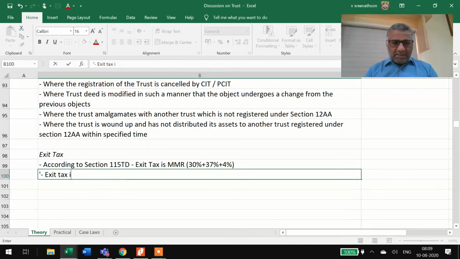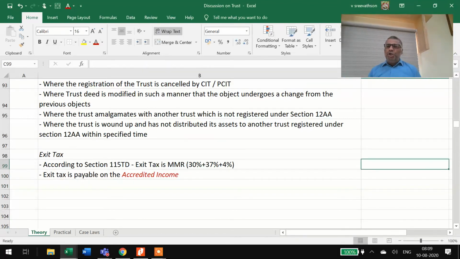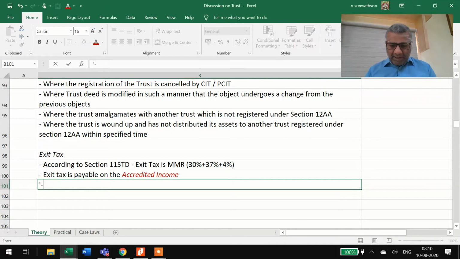Exit tax is payable on the accreted income. Exit tax is payable on the accreted or accumulated income. You can even call it accumulated income. Nothing but the corpus donation received, that 15% which you have set apart, etc. Exit tax is payable on accreted income. That is the accumulated income.